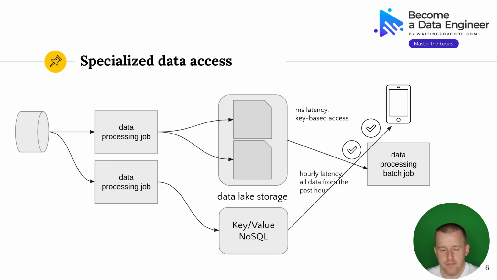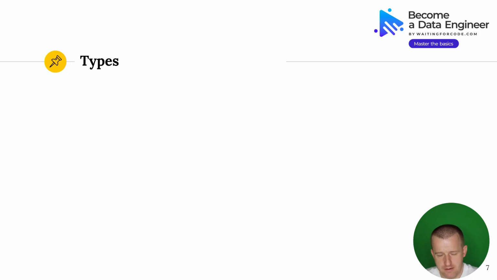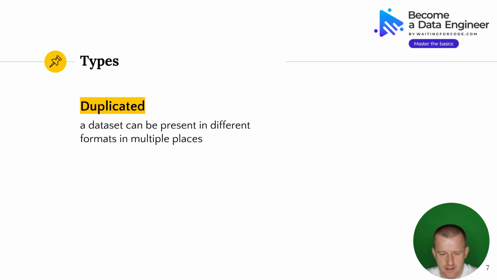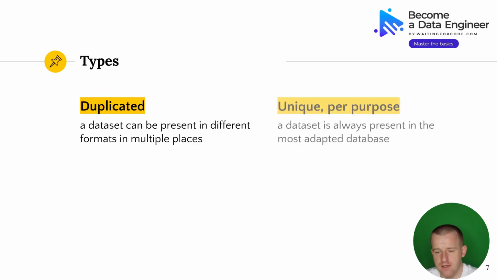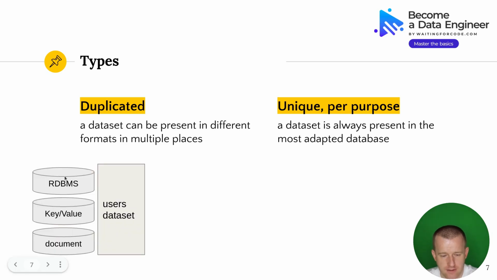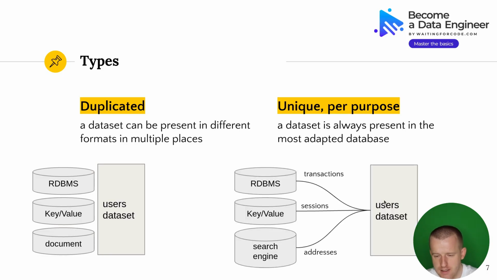And there are 2 big types of this polyglot persistence. The first of them is the duplicated type and the other is the unique type. In the duplicated one, we have the same dataset always stored fully in each of the stores, and the other one has this dataset split by need.